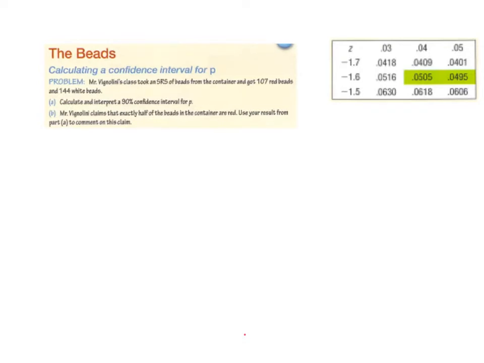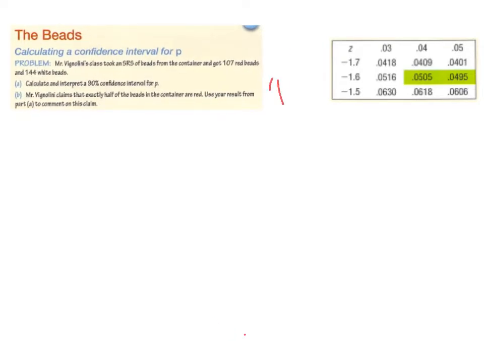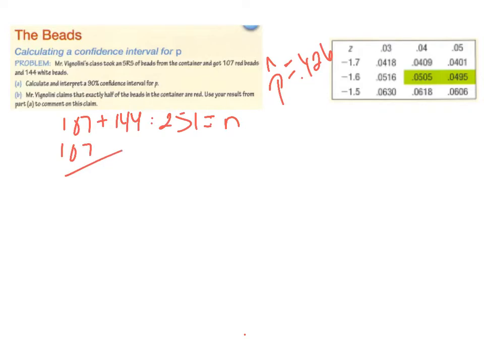Our p hat for this is 0.426. 107 plus 144 gives me n, which was 251. My successes here were 107, so 107 over 251 gives me 0.426, which is my p hat, my sample proportion.